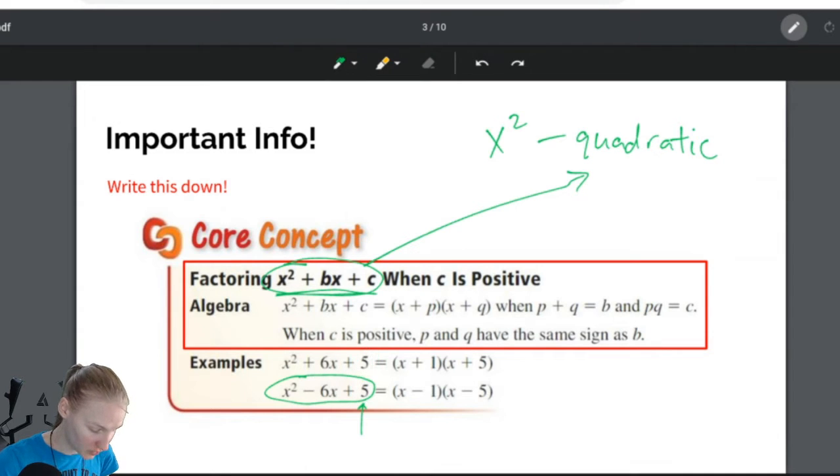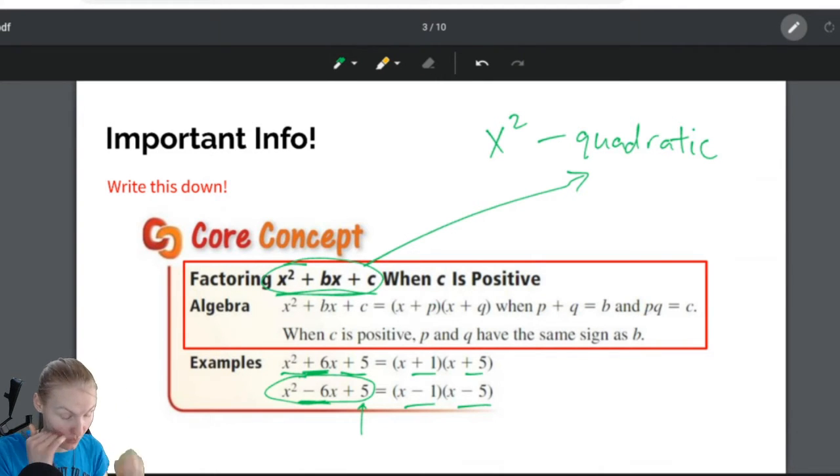If that number on the end of this quadratic is positive, that means that both of the factors are going to have the same sign. So if I have x squared plus 6x plus 5, the 1 and the 5 are both positive. And if I have x squared minus 6x plus 5, the 1 and the 5 are both negative.